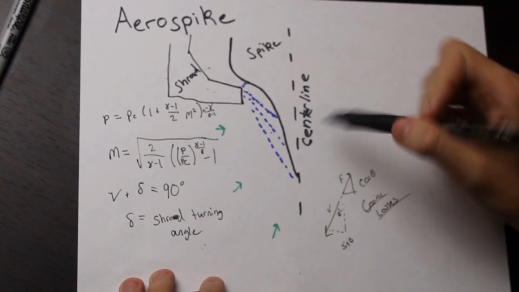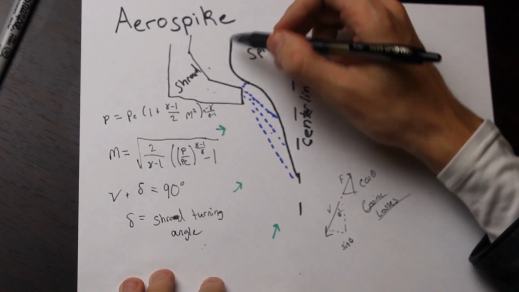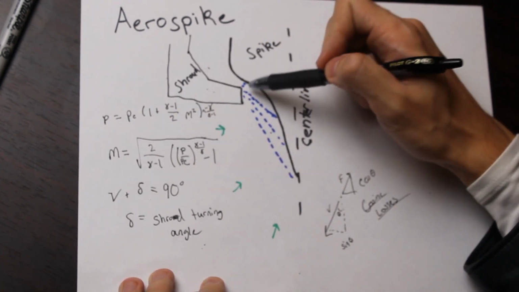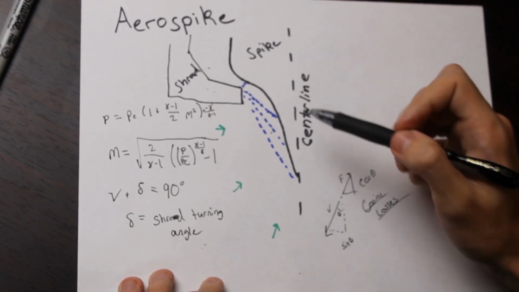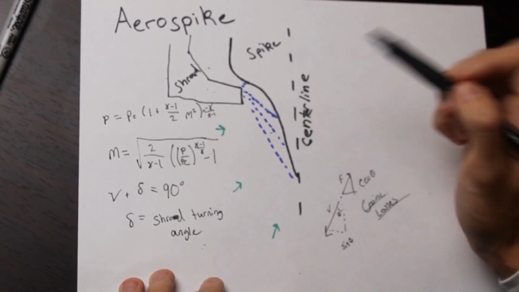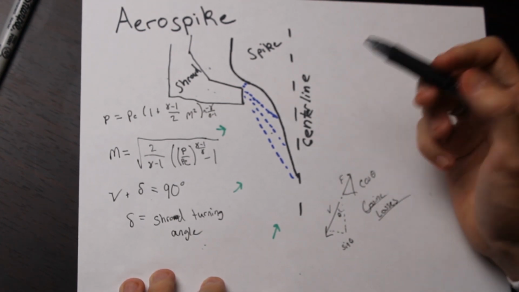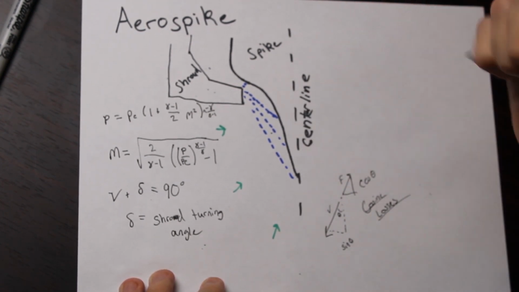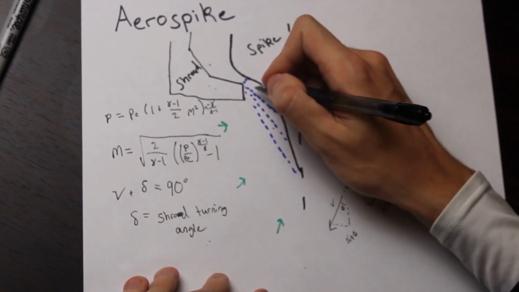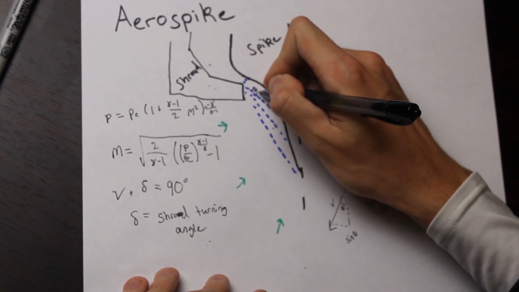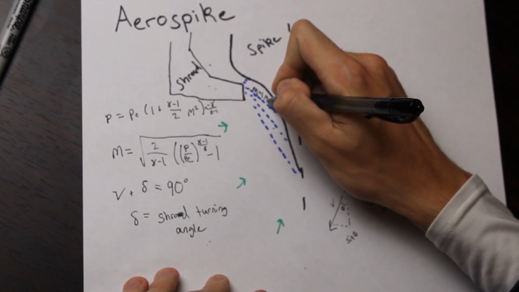So this is all the math we need here, and what we're going to do is calculate this for each one of these characteristic lines. This will tell us what the angle of the spike is at that point where that characteristic line intersects. So what we would say here is that there is some characteristic line, where let's say that along this is the Mach 1.4 characteristic line.